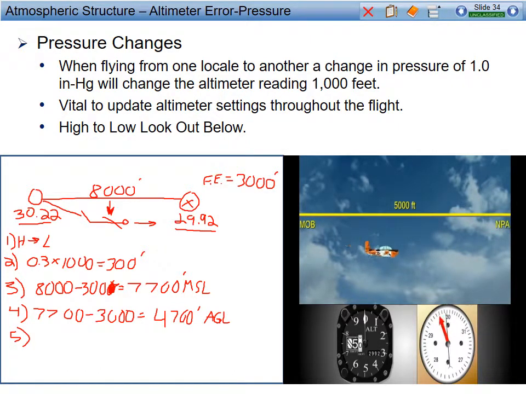So if we still had 30.22 in our altimeter and landed at our destination, the way we would figure out that answer is take our field elevation of 3,000 feet, and in this case we would add the error of 300 feet, giving us 3,300 feet MSL.